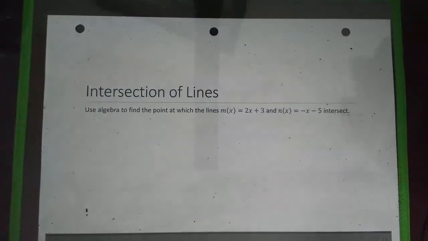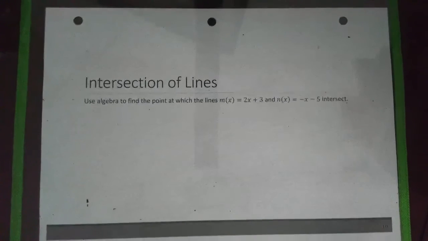There's just one more thing we're going to look at in this section, and it is the intersection of lines. So this is going to be a little bit different than some things we've seen in the past. We want to use algebra to find the point at which the lines m of x equals 2x plus 3 and n of x equals -x minus 5 intersect.